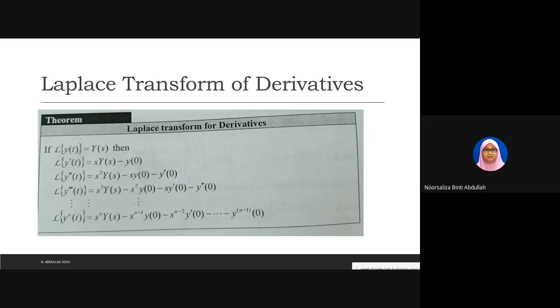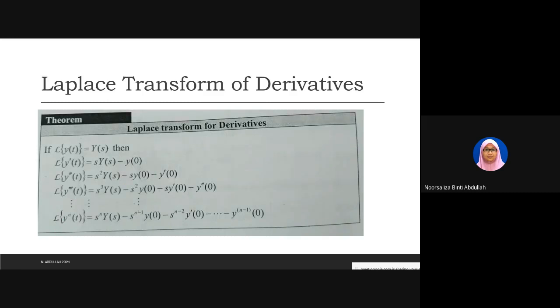And then if you have the y prime, you want to find the Laplace of y prime, then it will be sY(s) minus y(0). If you want to find the Laplace of y double prime t, your s domain signal will be s square Y(s) minus s y(0) minus y prime(0).